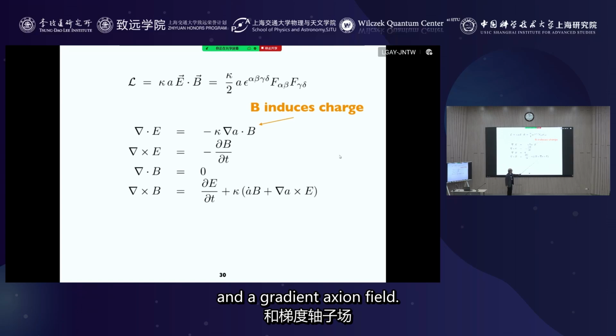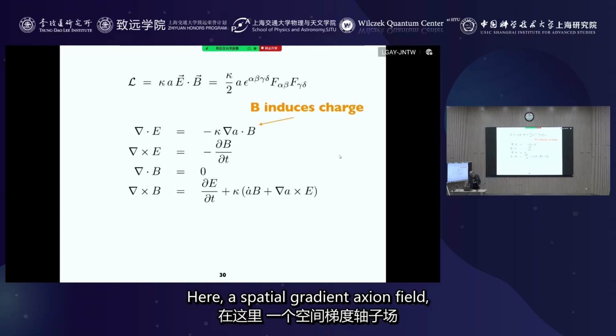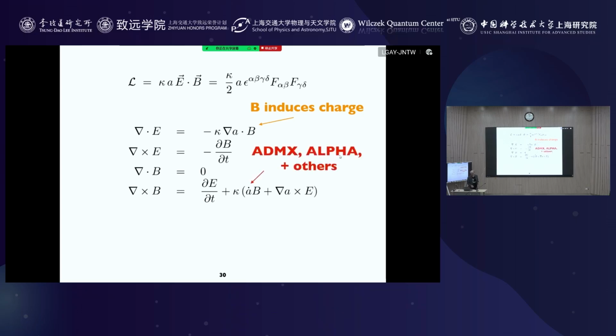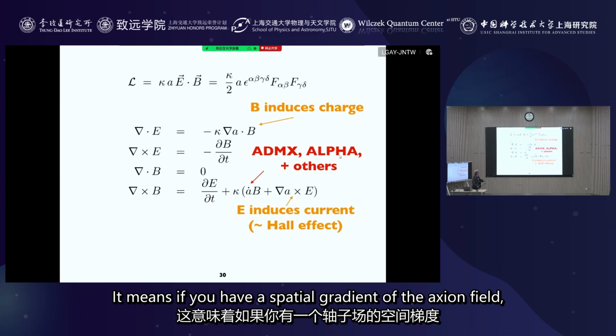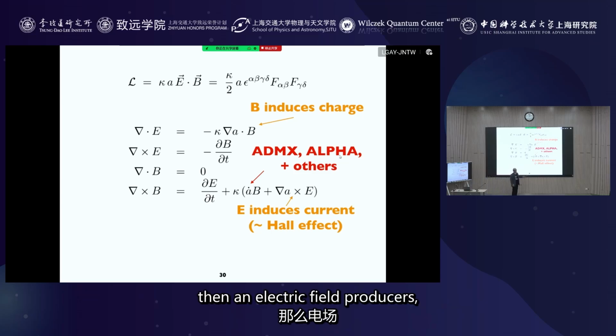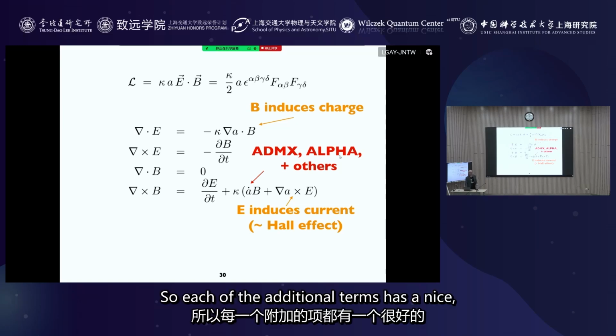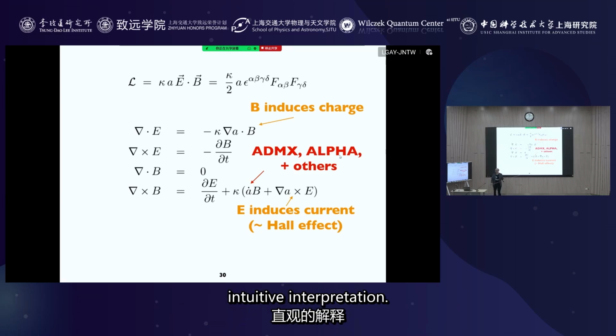And a spatial gradient of the axion field induces a kind of Hall effect. It means if you have a spatial gradient of the axion field, then an electric field produces a perpendicular current. So each of the additional terms has a nice intuitive interpretation.